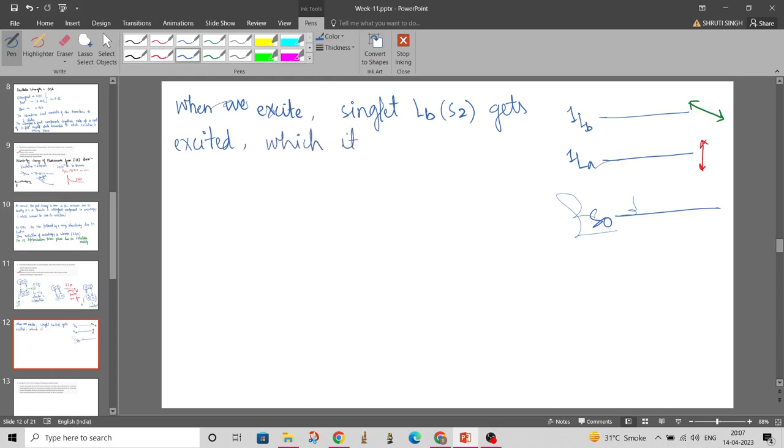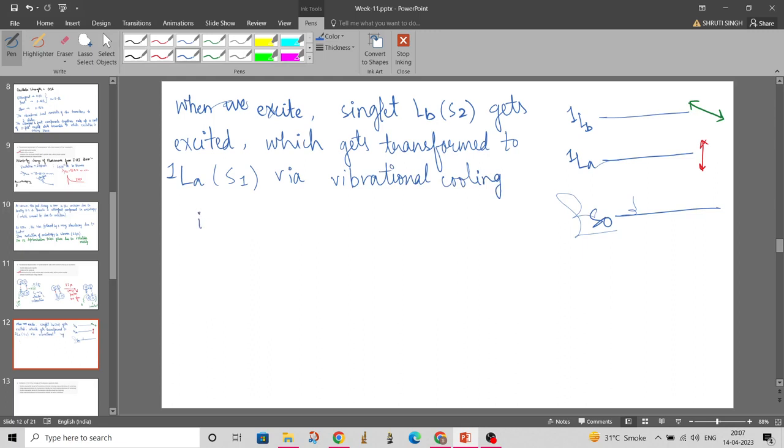And then it gets transformed to this 1LA state, which is the S1 state, via vibrational cooling or vibrational relaxation in 0.2 picoseconds.